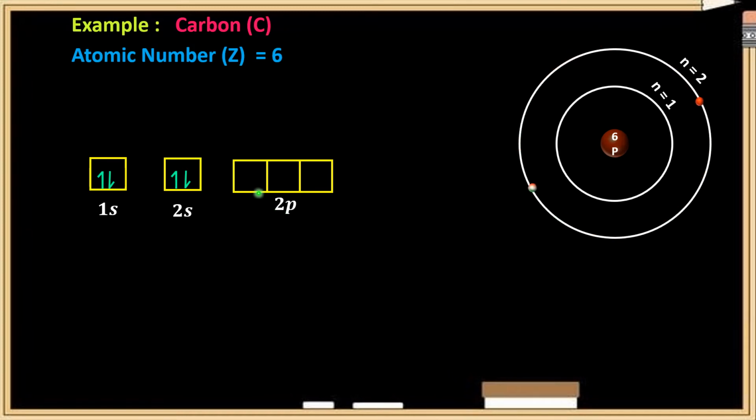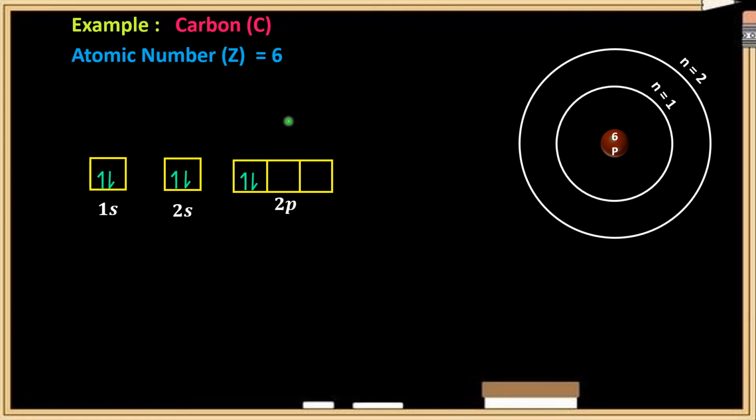Then pairing will take place. You see here. Next, the fifth electron enters into one of the empty orbitals of the 2p. Next, the last electron is also entering into the same orbital and pairing up with the previous one.